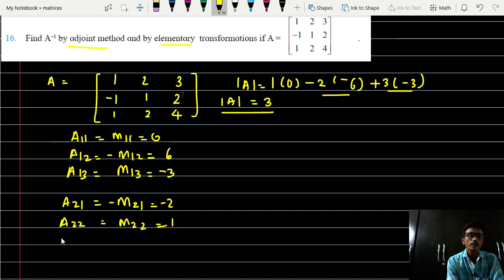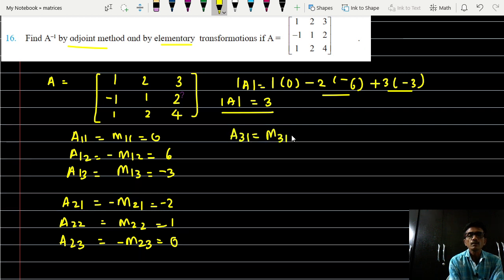Then A23 is equal to minus of N23, सेकेंड रो और थर्ड कॉलम डिलीट करना है: 1, 2 और 1, 2, मतलब 2 - 2, 0.